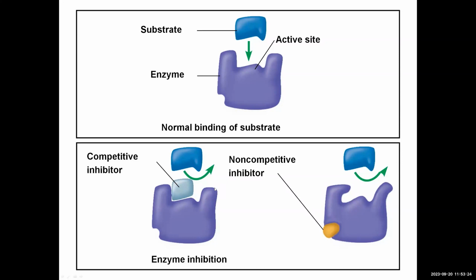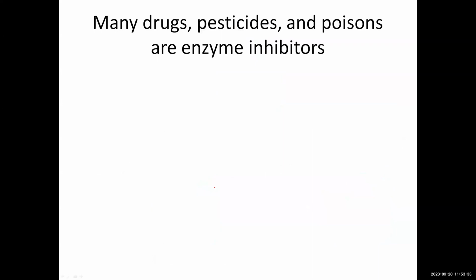Not only are enzymes important for most of the reactions your body needs to do, they also are what the primary active ingredient is in most drugs, pesticides, and poisons. In fact, some of you probably took an enzyme inhibitor today. Anybody take a painkiller?